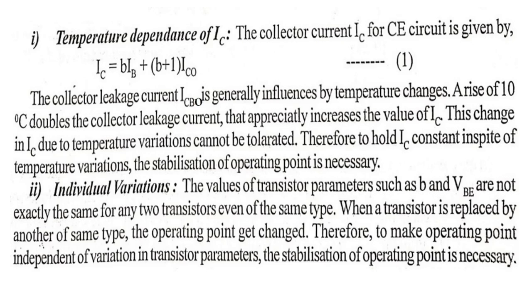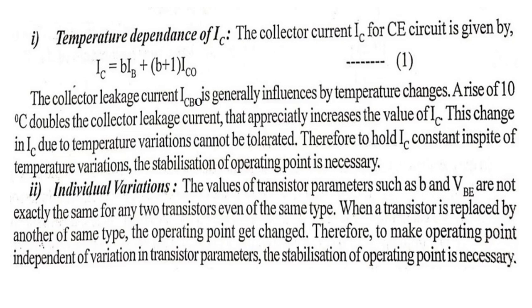Now, the point on the DC load line which represents the collector emitter voltage VCE and collector current IC values in the absence of an AC signal is known as the operating point. The operating point is also called the quiescent point.